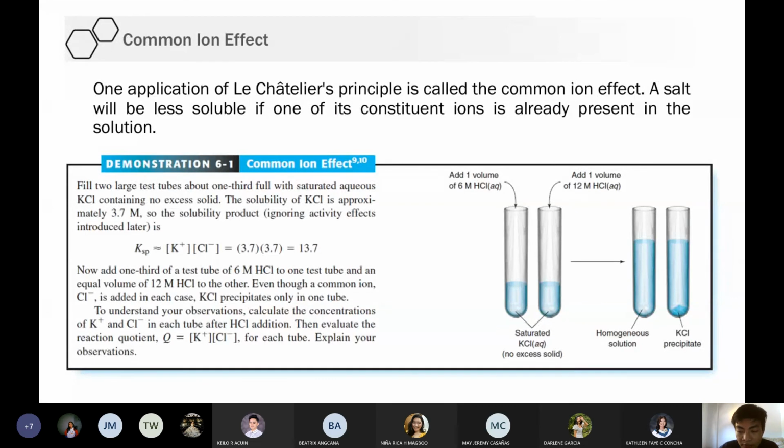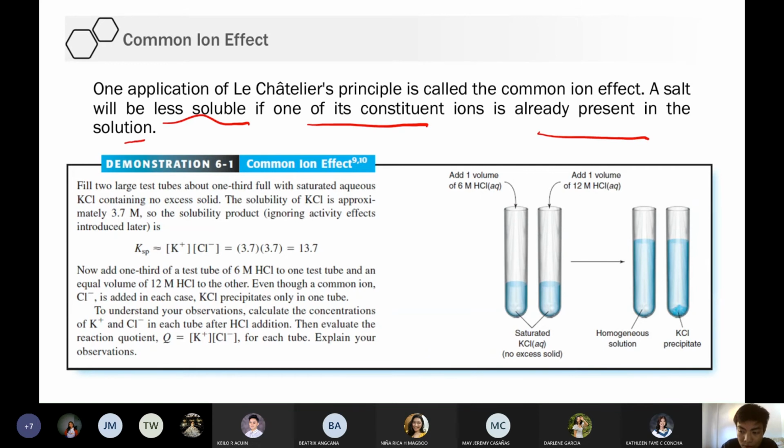This will be discussed further in your laboratory chapter 4 discussion. So what's the common ion effect? The common ion effect is an application of the Le Chatelier principle. It states that a salt will be less soluble if one of its constituents is already present in the solution.